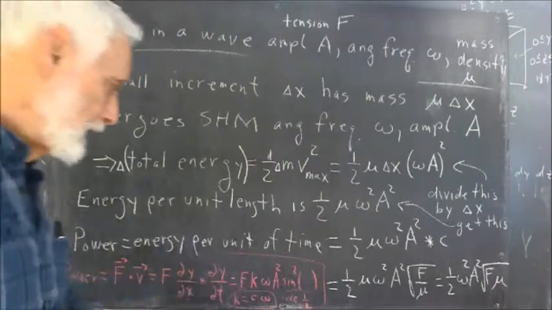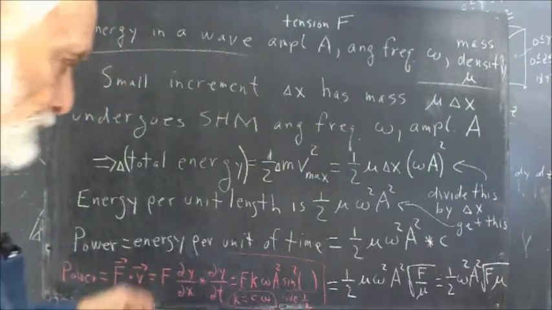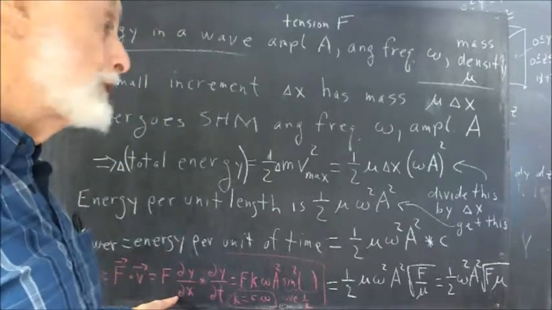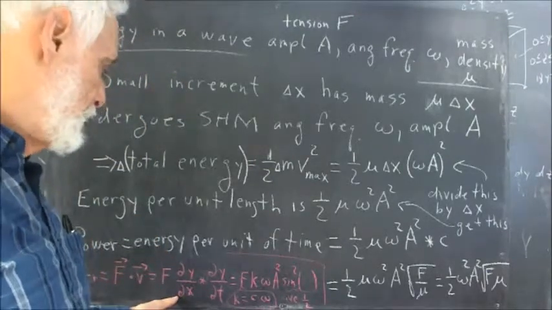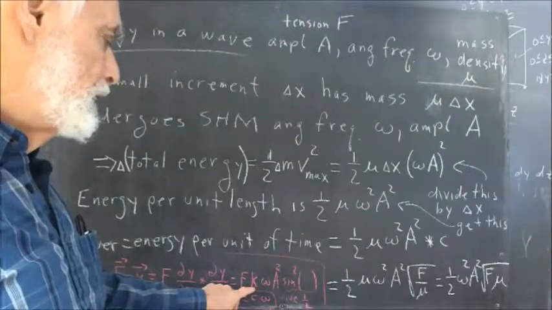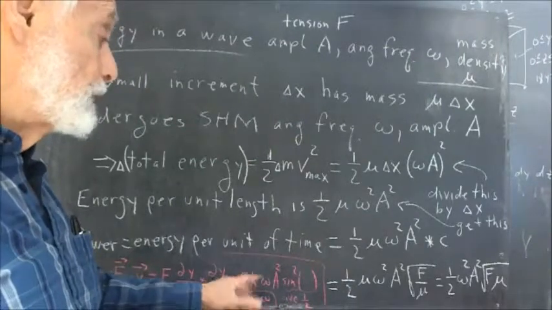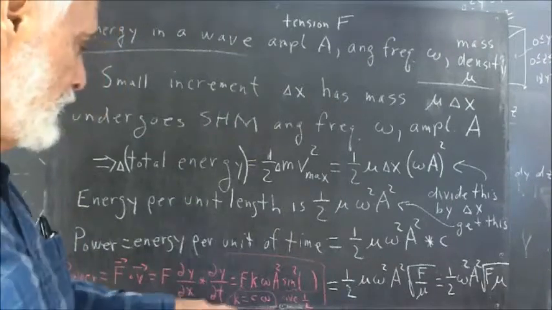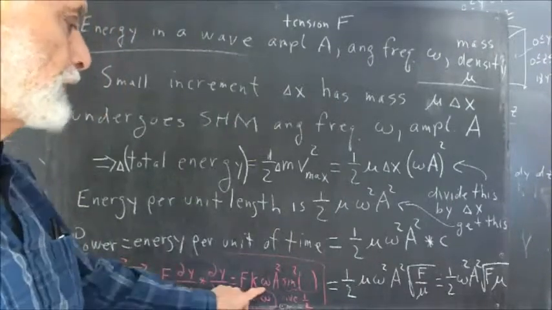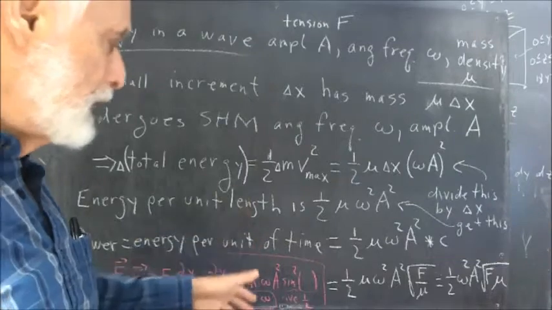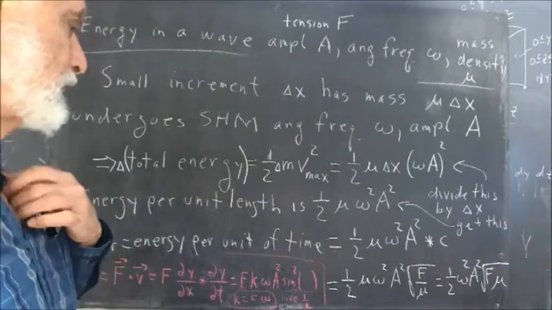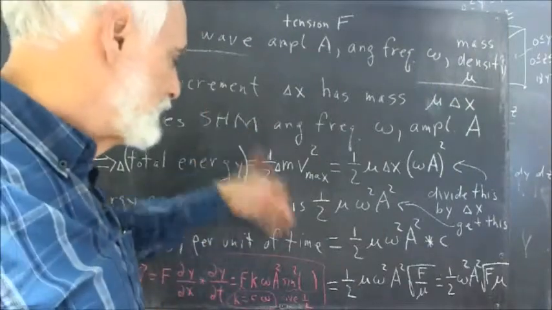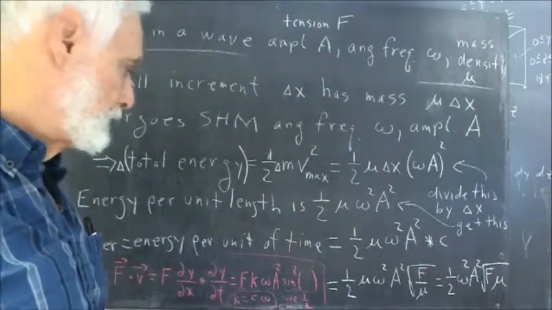We multiply that by this. So the partial of y with respect to x, as we've seen from the wave function, is just the wave number k multiplied by the sine of kx minus omega t, let's say. And the partial y with respect to t is omega A times the sine of kx minus omega t.